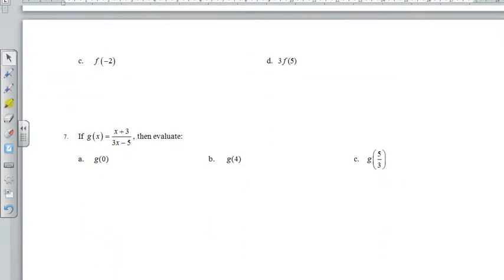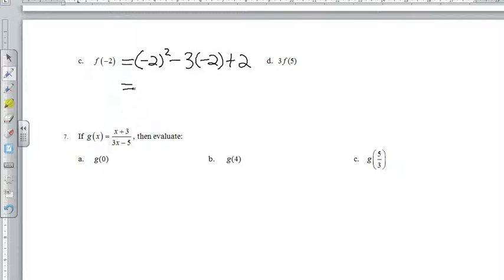Okay, f at negative 2. What do we do? All right, I forget what the definition was. Is it plus or minus? And we're going to get through this. So, minus 3 times negative 2 plus 2. Okay, so what do I write now?